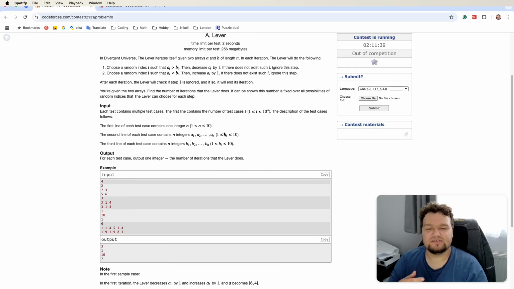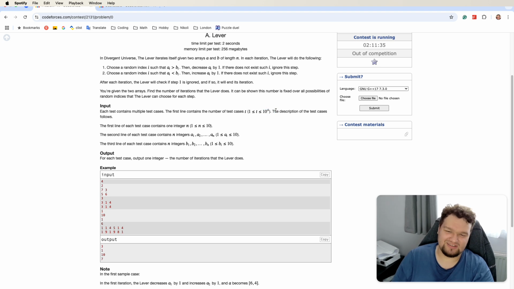It's crazy that the limitations are so small, but also we will have 10,000 tests. I guess you can still implement it in a stupid way, just like what's written in the statement. The maximum number of iterations is n times the maximum of A_i minus the minimum of B_i plus 1, so it's like 91.